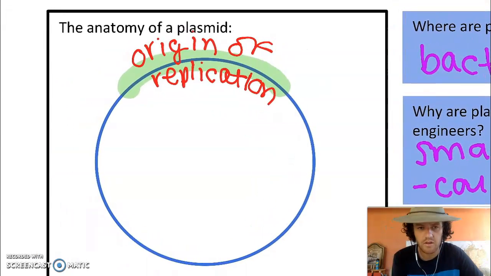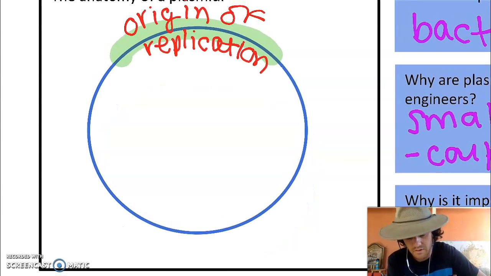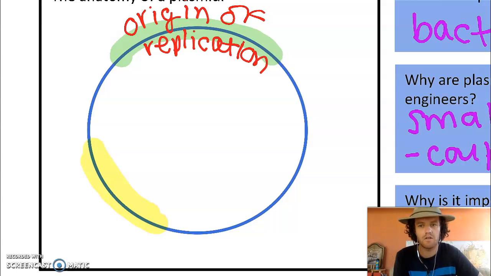Let's highlight a couple other regions on this plasmid. I'm going to pick a different color here. Plasmids are commonly where we find genes for antibiotic resistance. So I'm going to highlight another region of this plasmid.